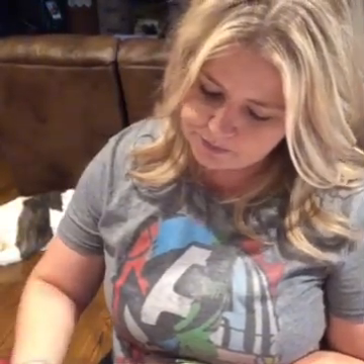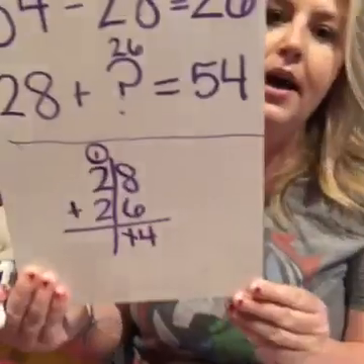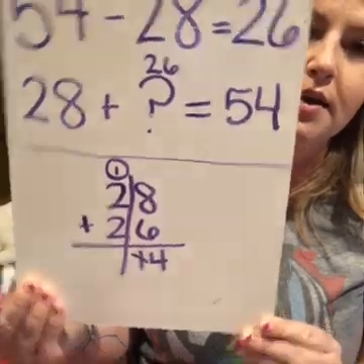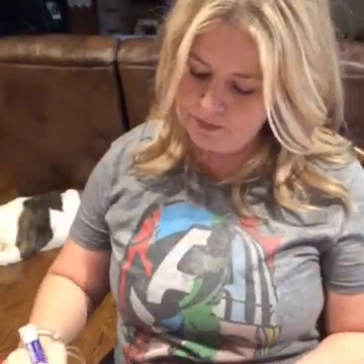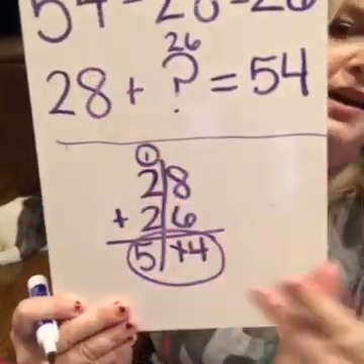So if I add those two together, what is 8 plus 6? 14. I know I can't have a 10 in the ones place, so I'm going to carry it. Now I have 2 plus 2 plus 1, which is 54. And so I got the whole again. So that means the answer, 26, is correct.